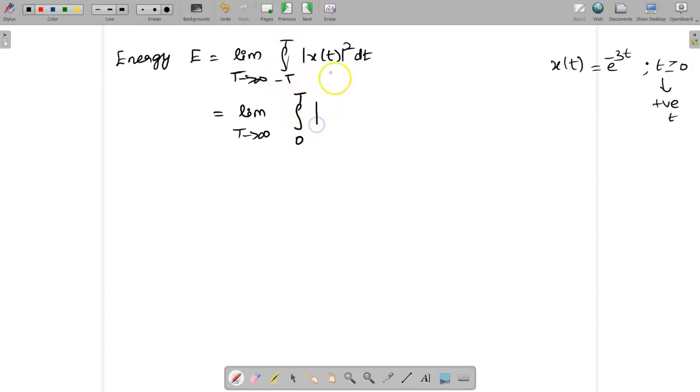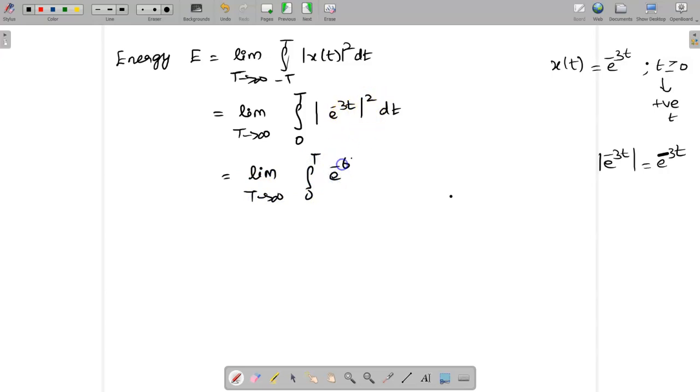And then modulus of x of t. x of t is e power minus 3t the whole square. Anyway, modulus of e power minus 3t is nothing but e power minus 3t. So limit T tends to infinity, integral 0 to capital T, e power minus 3t the whole square is e power minus 6t dt. Now I have to integrate this value.